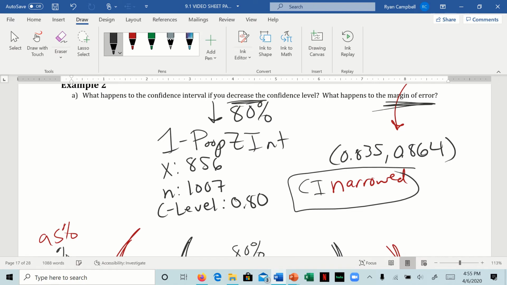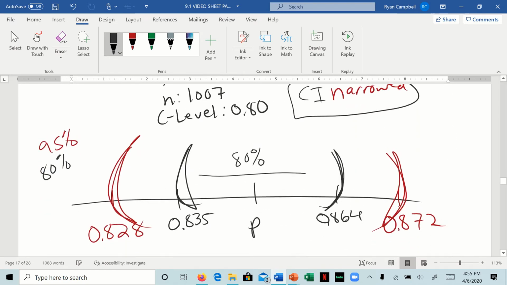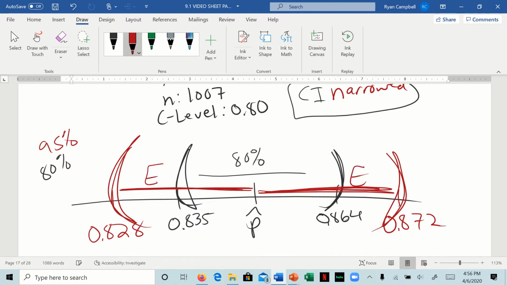What happens to the margin of error? Well, remember, the margin of error is the value that you are subtracting and adding, right? So at 95% versus 80%, can we see what happens to the margin of error?